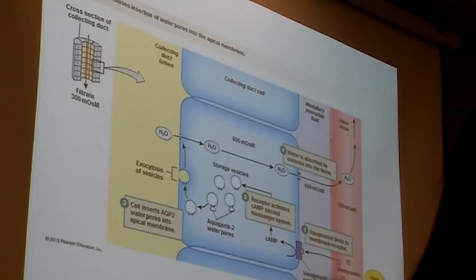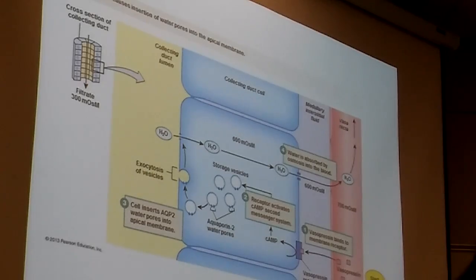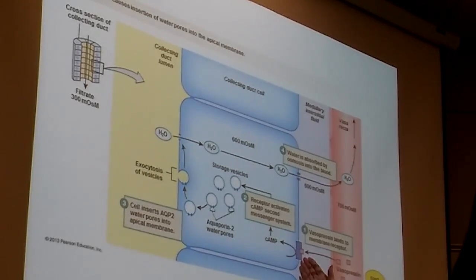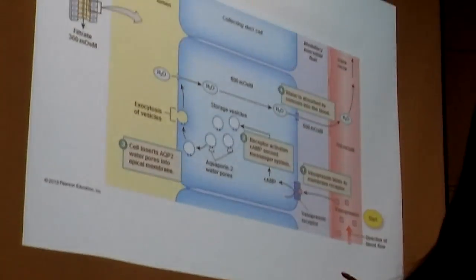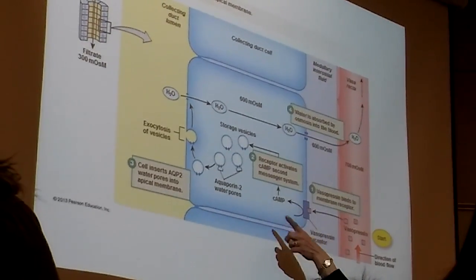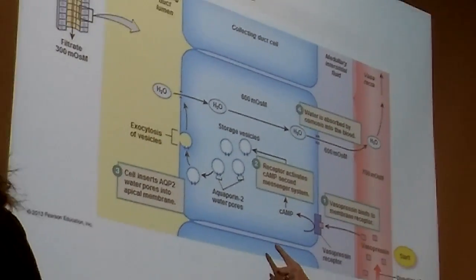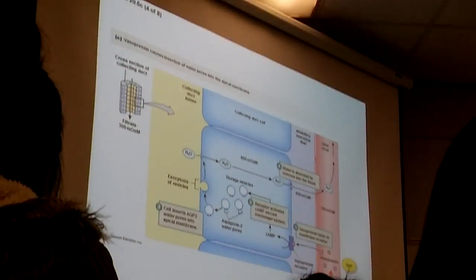Okay, so ADH is a polypeptide type of hormone, so it cannot go into the cell. It has to bind to an ADH receptor on the collecting duct cells here. It will set into motion the cyclic AMP pathway, and then you see those bubbles. Those are aquaporins, and they will incorporate them into the luminal side of the collecting duct.